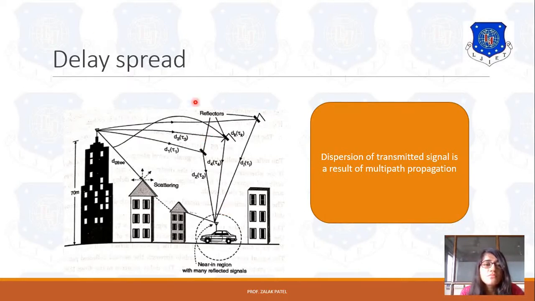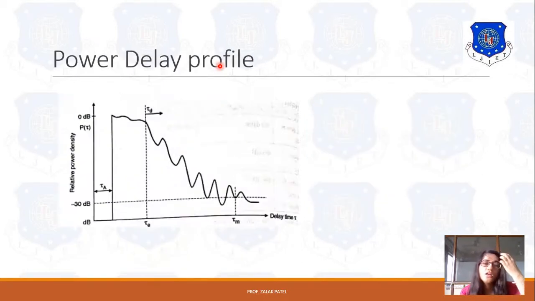Now to discuss more about this delay spread, let's consider one power delay profile. Here in the figure you can see a power versus time graph, and please note that the power is in dB, and the delay time is denoted by tau.